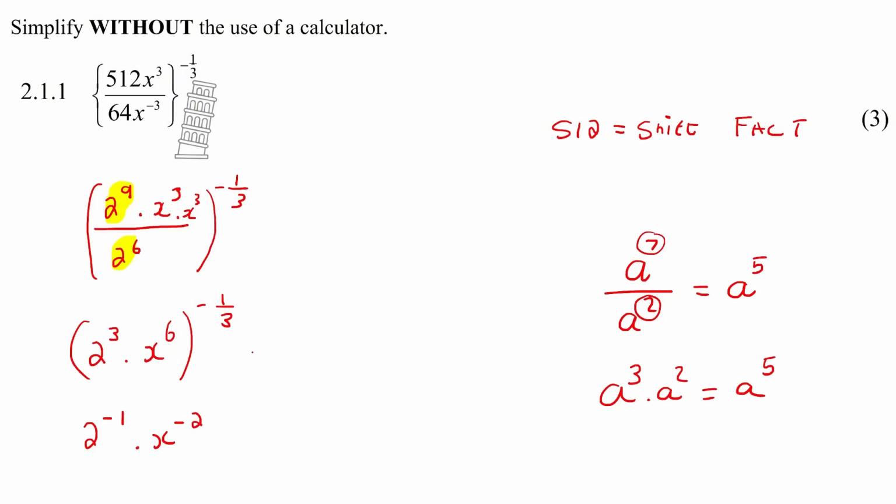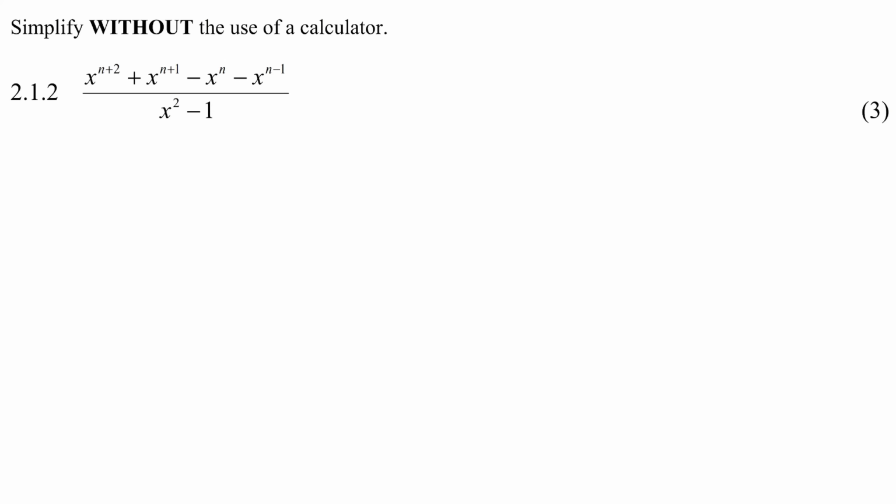We know that 2 to the -1 is the same as 1 over 2, and x to the -2 is the same as 1 over x squared. Then you multiply top times top and bottom times bottom, and that gives you 1 over 2x squared. With this question, I actually tried it earlier, and it's not a nice question, as in, it doesn't give you a nice, satisfying answer at the end, like 2.